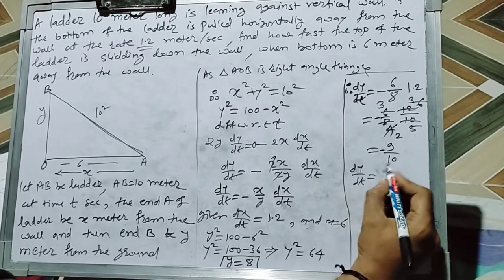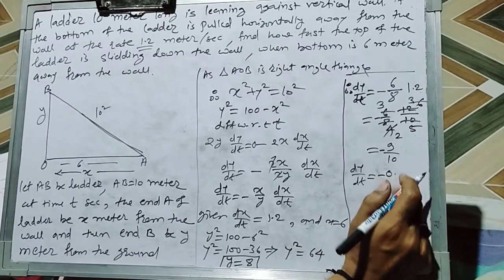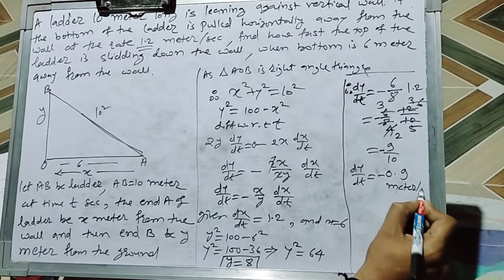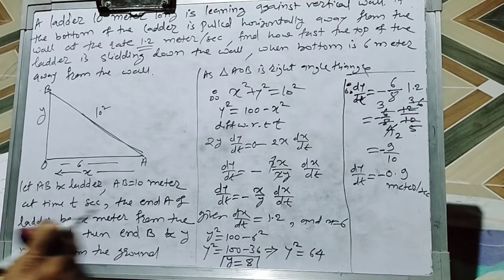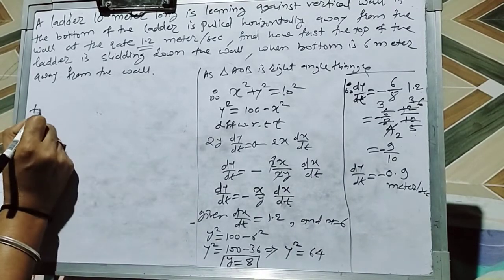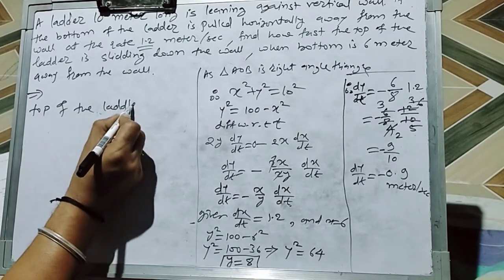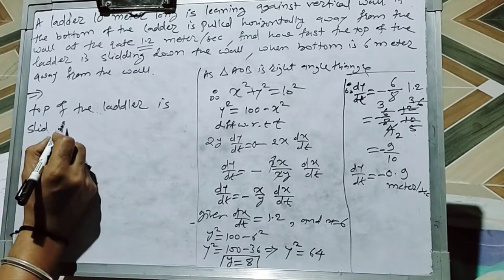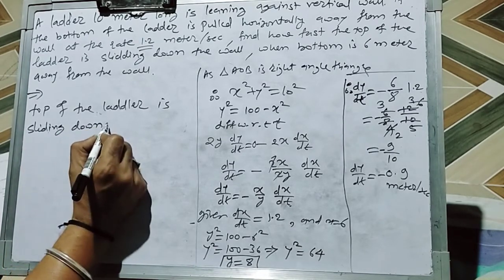So dy by dt is equal to minus 0.9 meter per second. So therefore the top of the ladder is sliding down the wall.